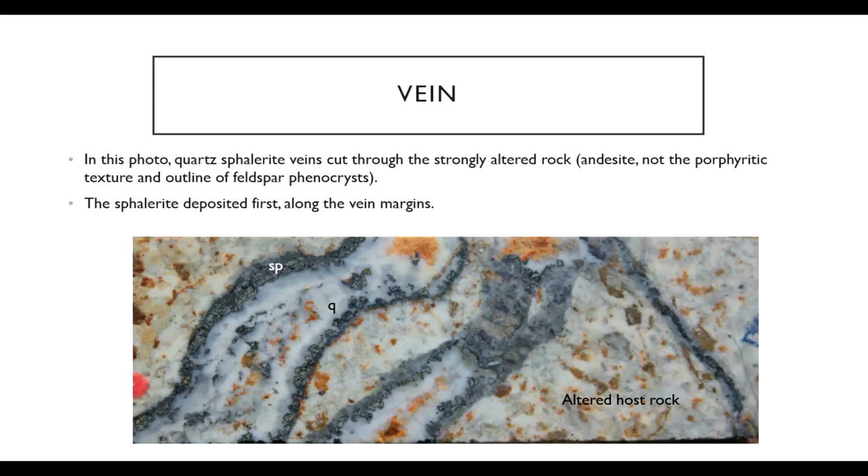And the vein's growing inwards from the outskirts in this case. So we're getting growth this way, going this way, and growth going this way. So the sphalerite was the early crystallization product, and then the quartz was mainly later.